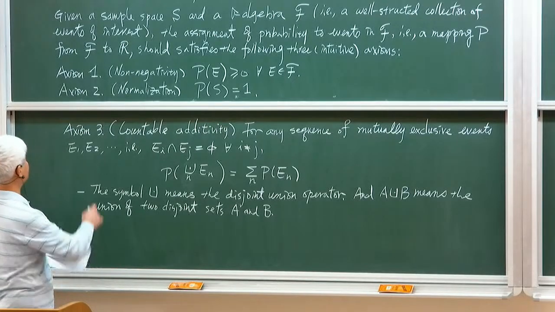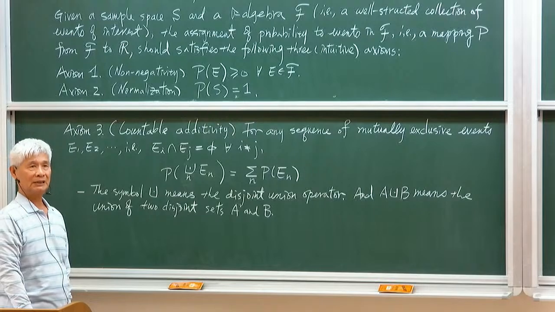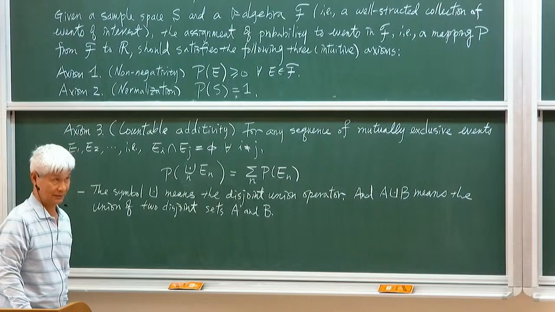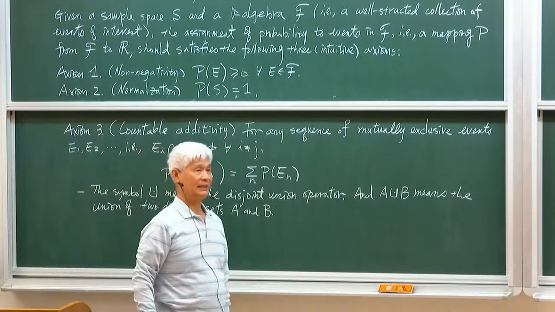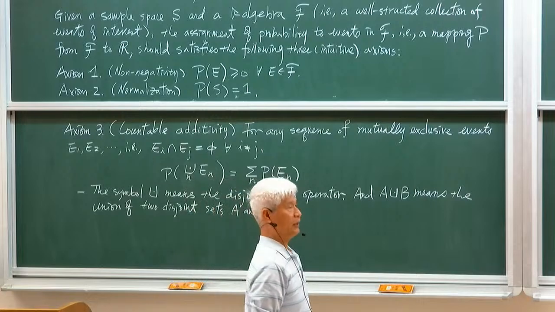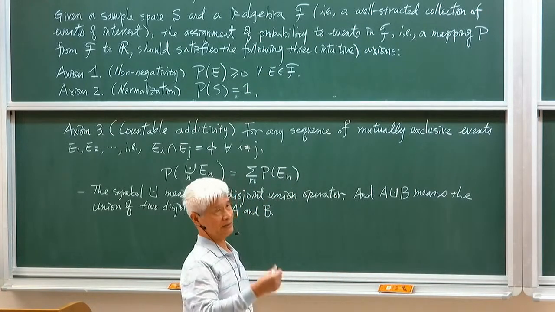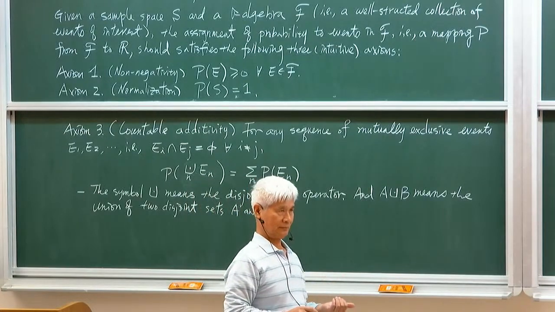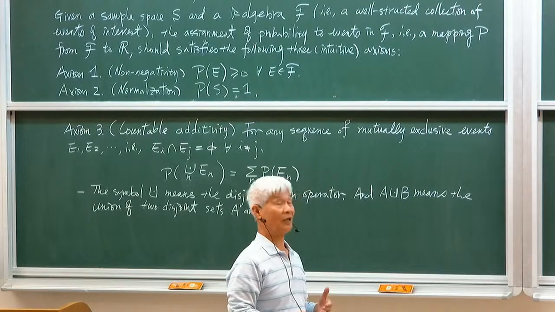So any questions about these three axioms, about the requirements needed when we assign probability to events? Yes, please. What is that mapping F to R? R is the set of all real numbers, because probability is a numerical value, right? It's not a categorical value.